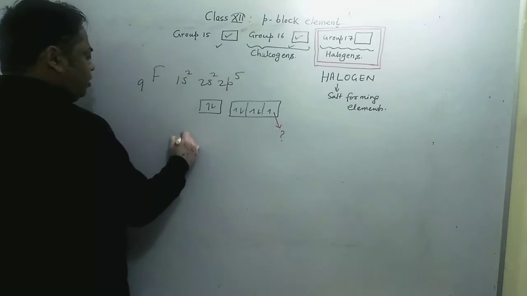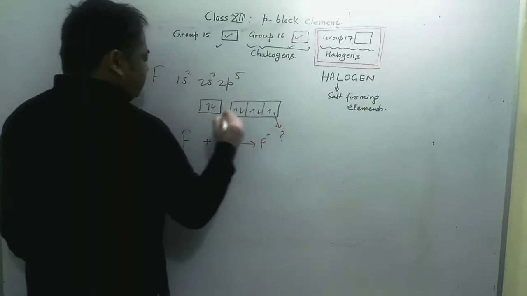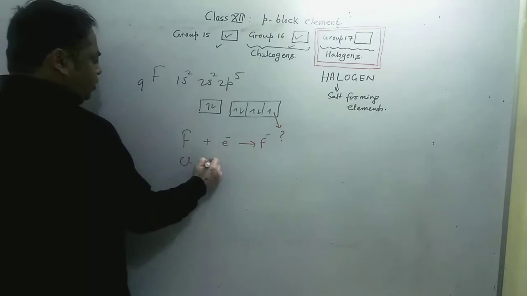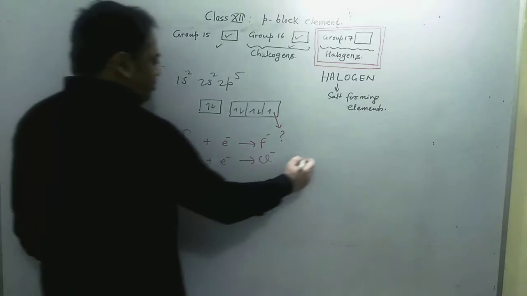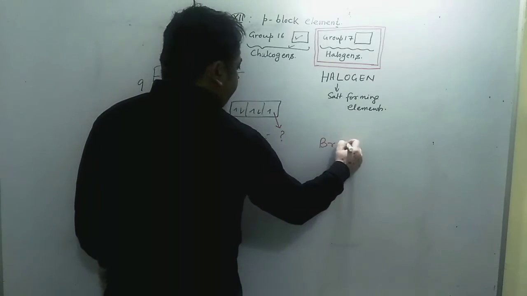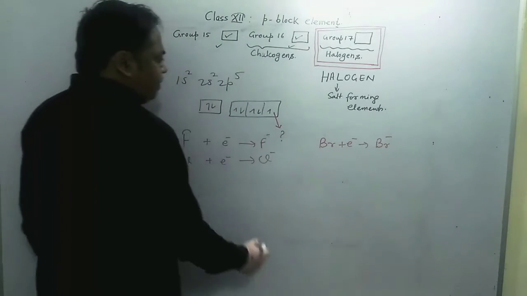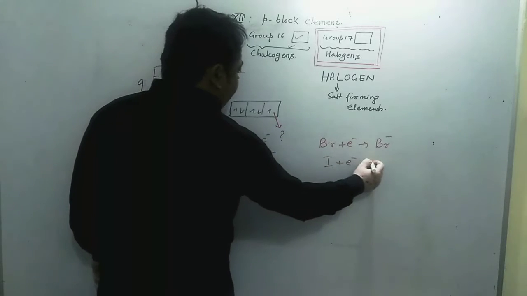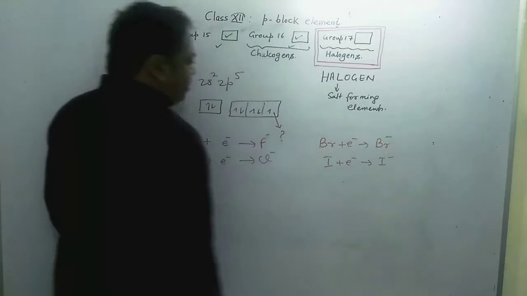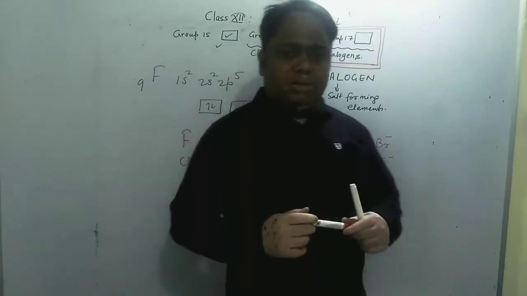As a result, fluorine always tries to take 1 electron and form fluoride. Same is the case of chlorine, it would like to take 1 electron and will form chloride. Bromine will try to take 1 electron, will form bromide, and so on. Iodine will try to take 1 electron, will form iodide. Is it that the halogens only exist in -1 oxidation state?